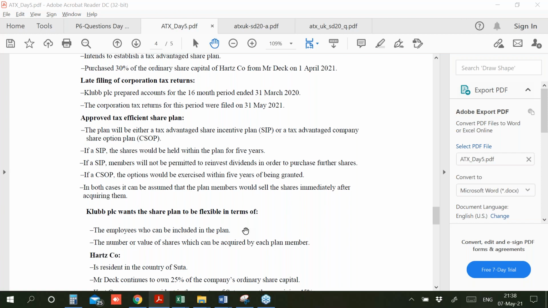However, in SIP, the plan can be given to selected or all of the employees. The maximum value of free shares is up to 3,600. However, the employees can buy partnership shares later on, that is the lower of 10% of their salary or 1,800, and then they can buy free matching shares as well in proportion of 2:1.